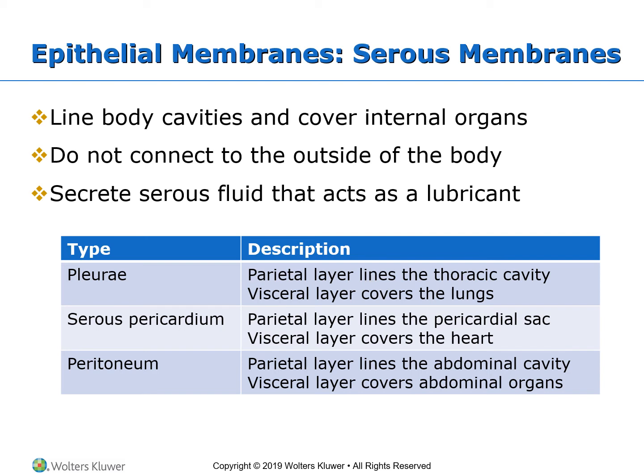Now, one type of epithelial membranes will be the serous membranes, and those are lining the closed ventral body cavities. One quality of them is that they will not connect in any way with the outside of the body.